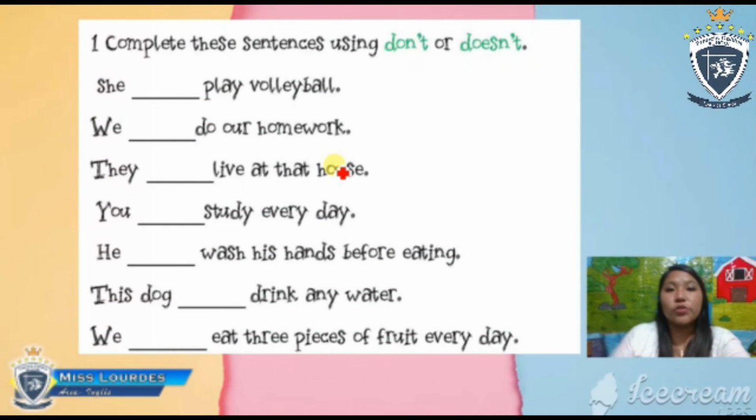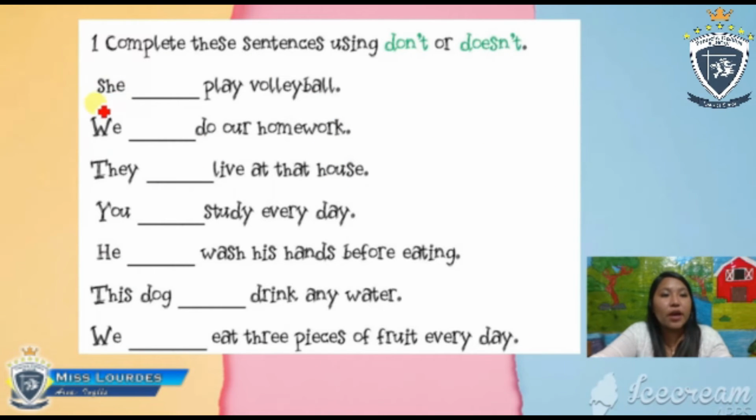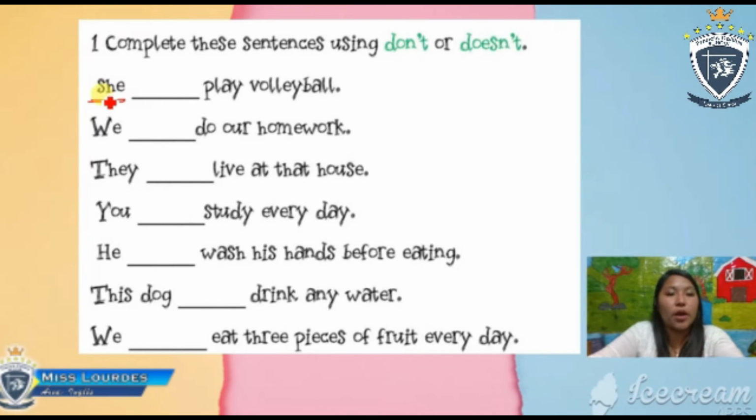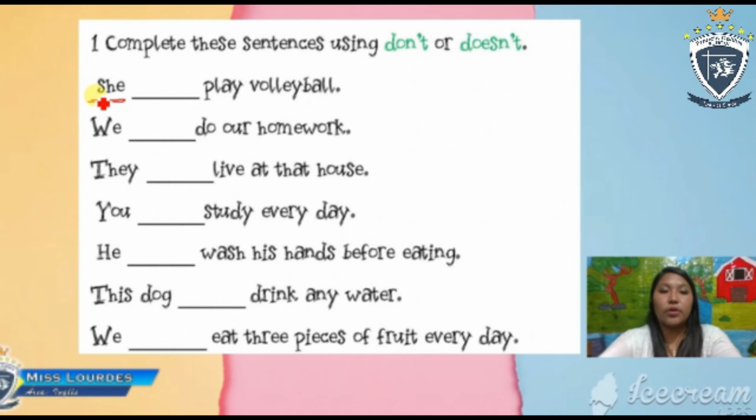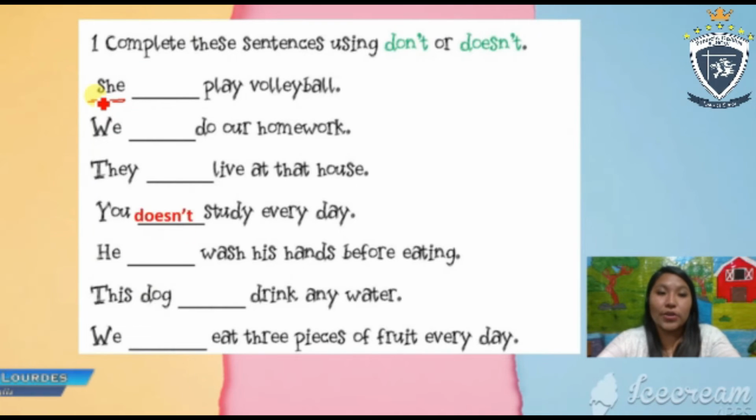Here we have some examples. Dice, complete these sentences using don't or doesn't. Okay. Here we have she. ¿Con quién dijimos que trabajaba she? ¿Con el don't or el doesn't? Con el doesn't. Entonces diremos she doesn't play volleyball.